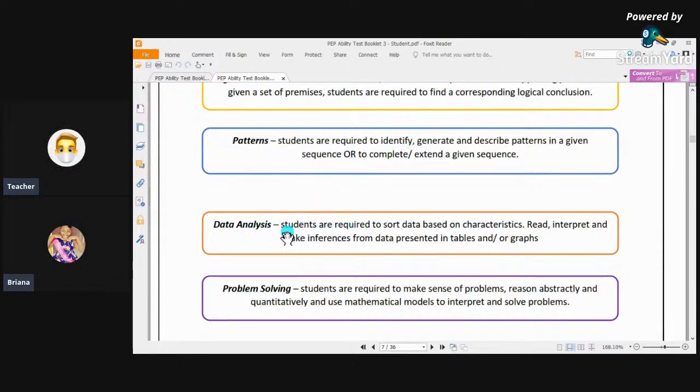Data analysis. Students are required to sort data based on characteristics, read, interpret, and make inferences from data presented in tables and or graphs. And last episode, we were looking at Mr. Brown's shoe shop, remember? And we said, boy, the size 7 shoes, for those persons who were not here, you can go back to our previous episode and look at what we were talking about.